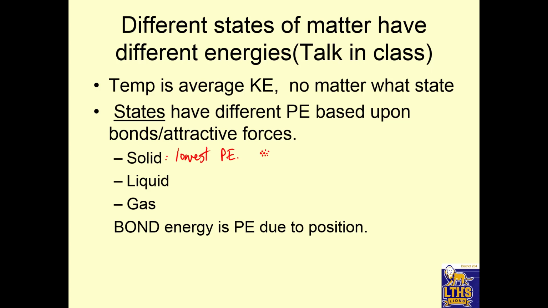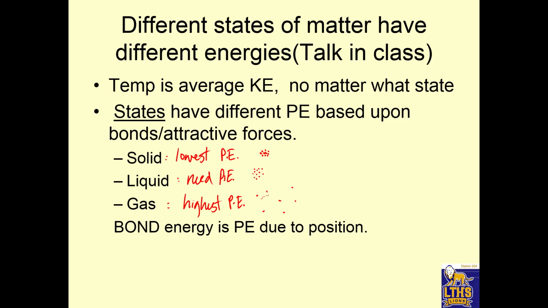So there's not much distance between them. Liquids have a medium potential because their particles are a little bit further apart, but they're still pretty close, right? Gases have the highest potential because look at the distance between them. Okay? This is a big distance, so it's bigger.